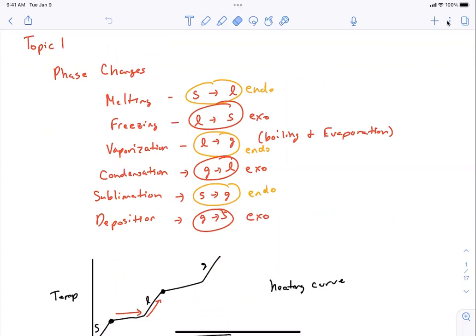Melting, vaporization, and sublimation are all endothermic, whereas freezing, condensation, deposition, as you lower energy states, you have to release heat so the molecules can slow down. And don't forget, vaporization is not the same as evaporation. Evaporation happens at all temperatures. Vaporization only happens at the boiling point and above. So be careful about the distinction here.